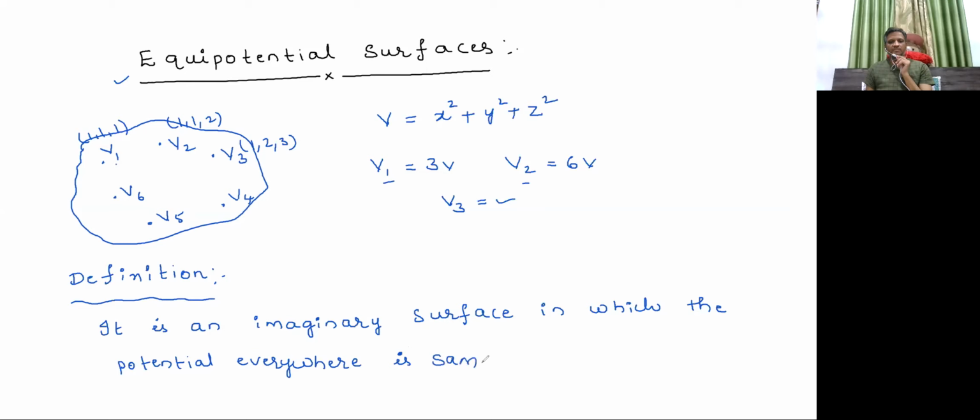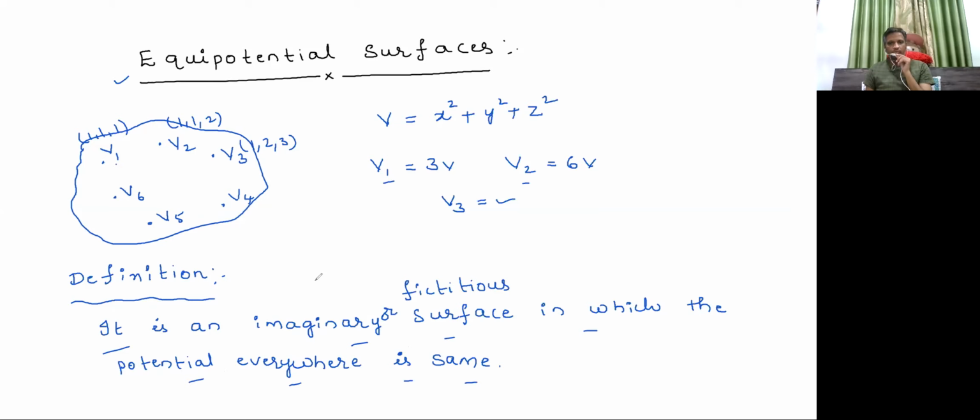So this is the definition of an equipotential surface. It is an imaginary surface in which the potential everywhere is the same. Imaginary or hypothetical or fictitious surface, you can call it anything.